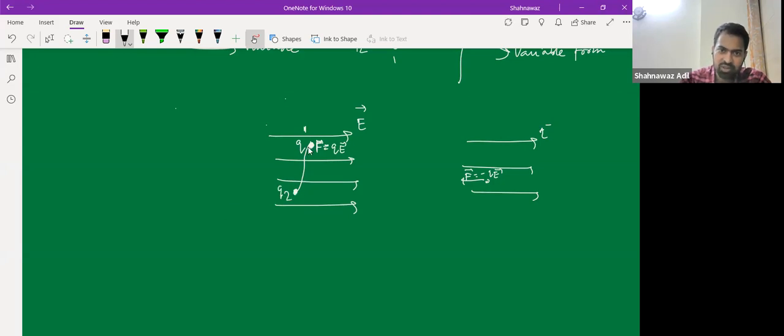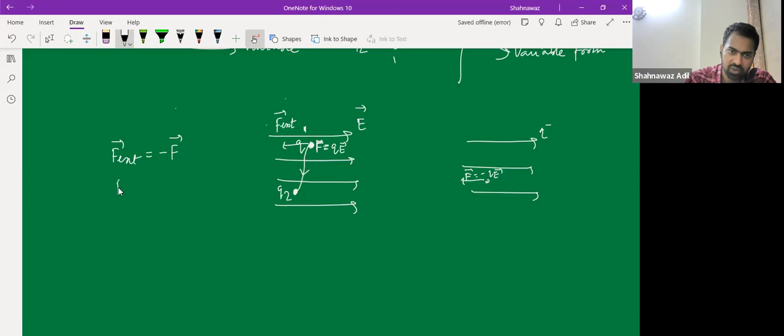So there would be some work done in bringing the charge from here to here, and this work is done against this electric field. The external force that we need to apply would be F external, and this F external would be equal to the minus of the force due to the electric field.